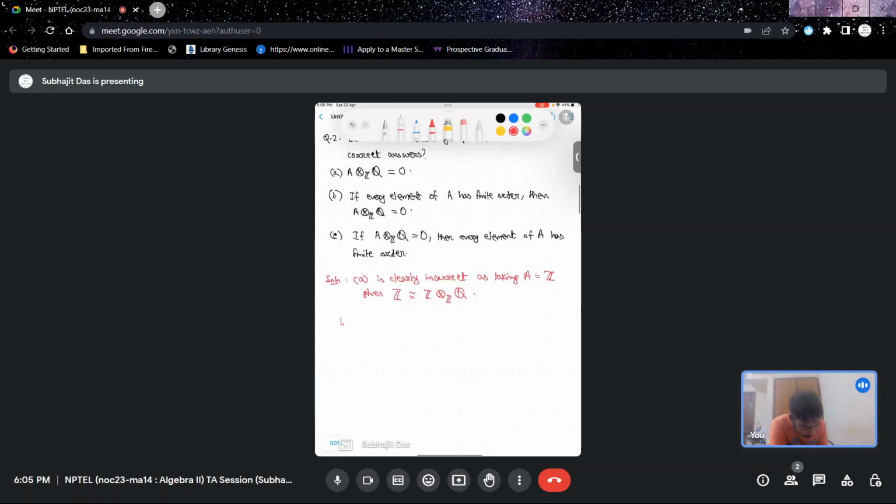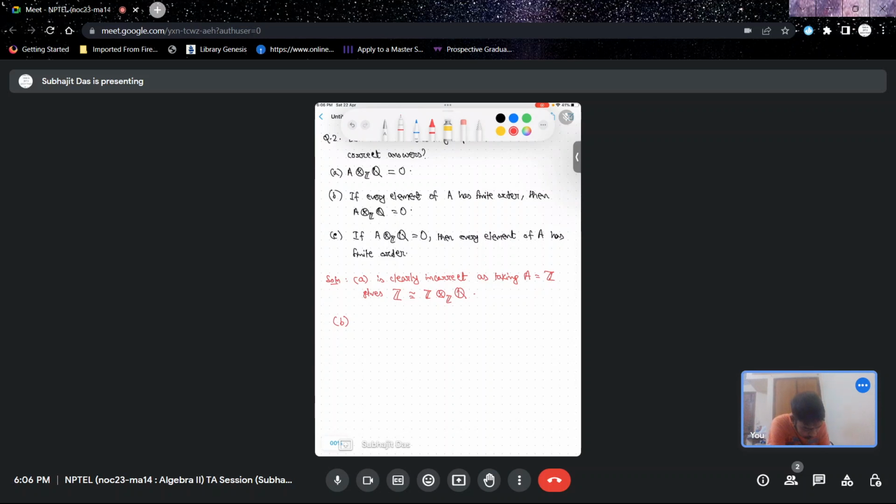What about option B? Option B says that if every element of A has finite order, then the tensor product is 0. Now you know that the tensor product is generated by elementary tensors x tensored y, where x is in the first Z module and y is in the second one. So if you can show that every elementary tensor is 0, you are done, right?